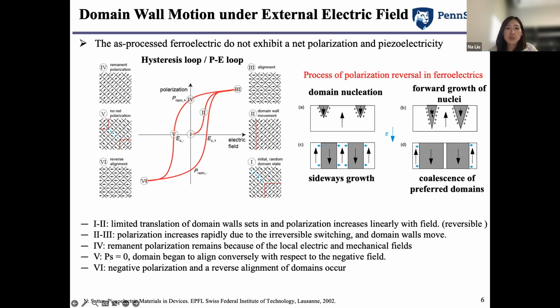By further increasing the electric field, the sideways growth of the domain will be presented, followed by the coalescence of the preferred domains, and ultimately a reversal process can be formed.